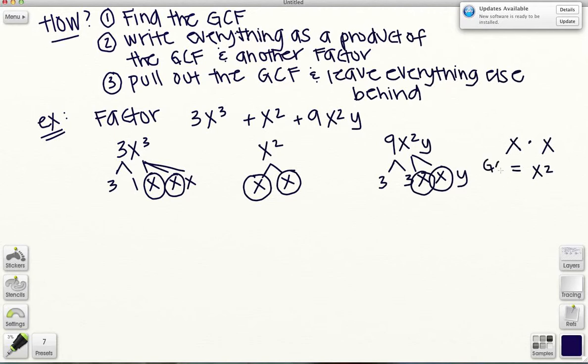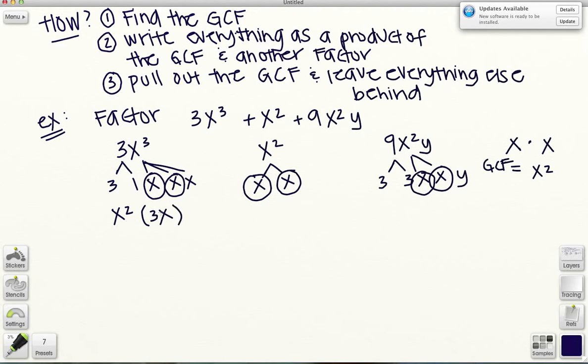So what does that mean? Well, let's move on to step 2, which says write everything as a product of the GCF and another factor. So I'm going to take my x squared, and then I'm going to set up some parentheses and think, okay, what do I need to multiply x squared by to get 3x cubed? Well, I definitely need to multiply by 3, and I know I need one more x in order to get it to x cubed.